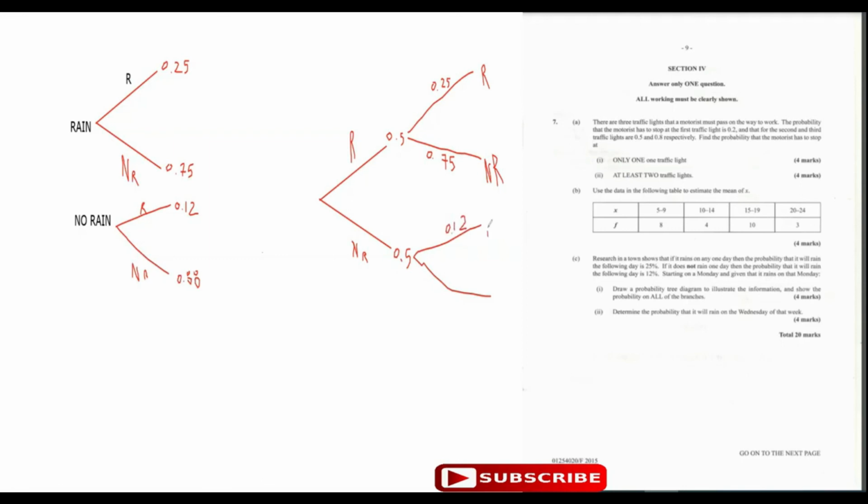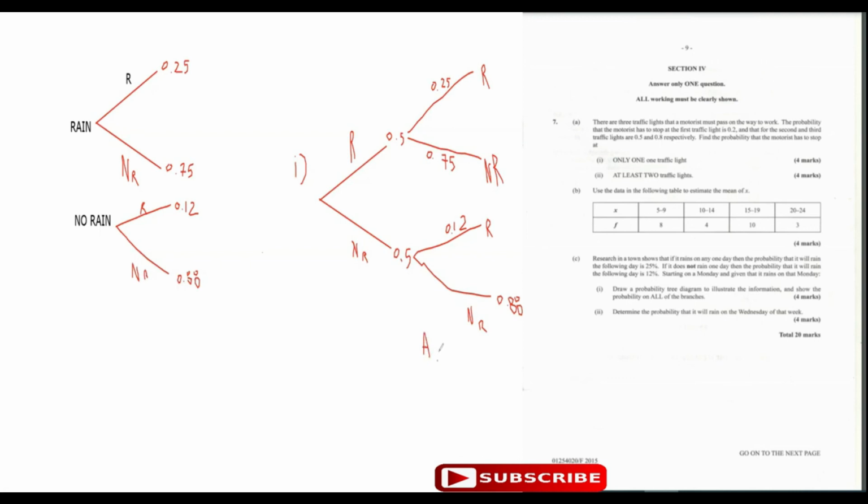This is for it to rain. And then the chances of no rain is 0.88. So that's part I, nice and easy. This is the tree diagram, the answer for part I.